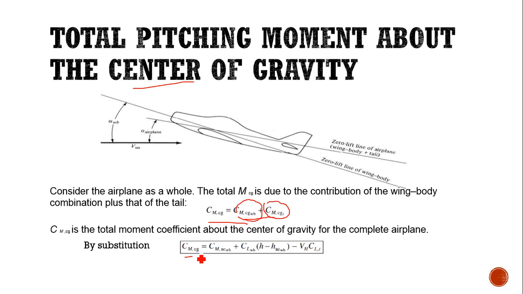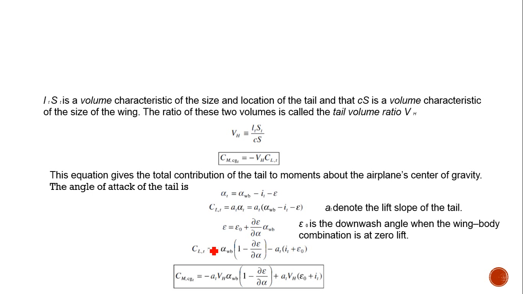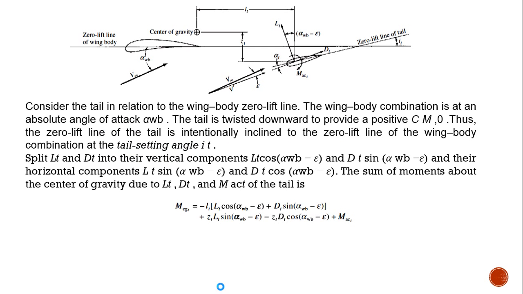the moment about the center of gravity equal to, that we have seen here, CM AC. So this is the moment about the center of gravity of the tail plane and this equation.